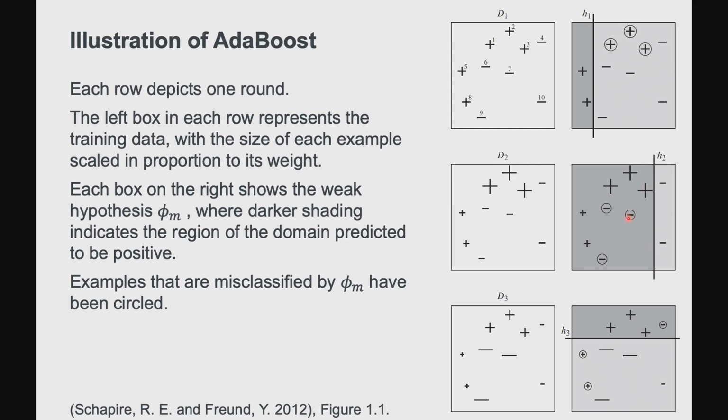Now, of course, we have new mistakes, namely these minuses here would be wrong. And so the minuses here become larger. The plus gets even smaller here because they were already right twice. And the minus here is also small, but these minuses here are important to classify correctly. And now I use H3 as my next decision stump in order to do this classification.